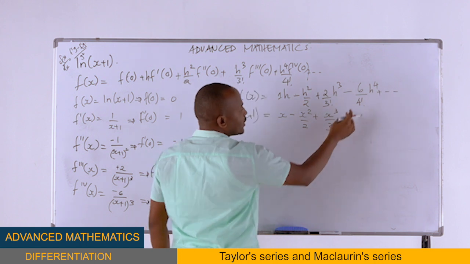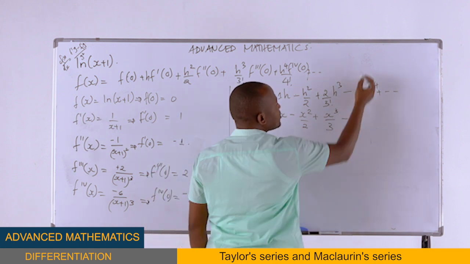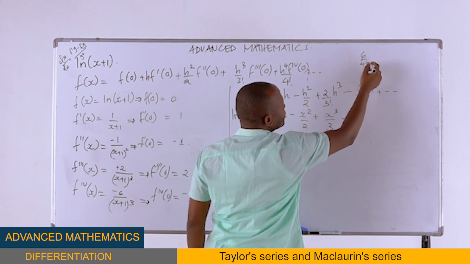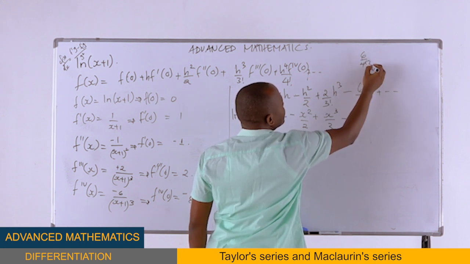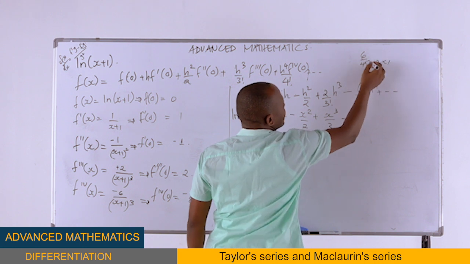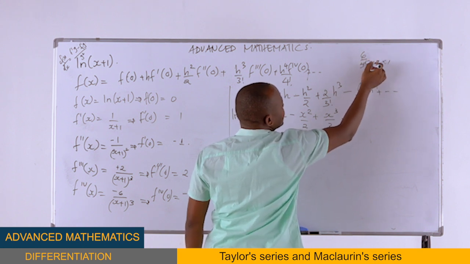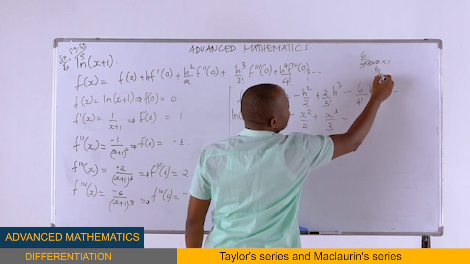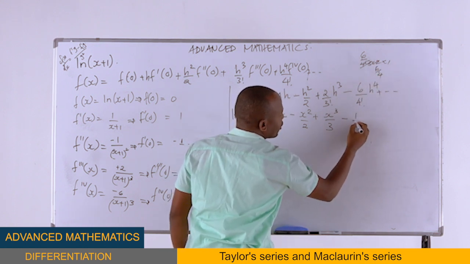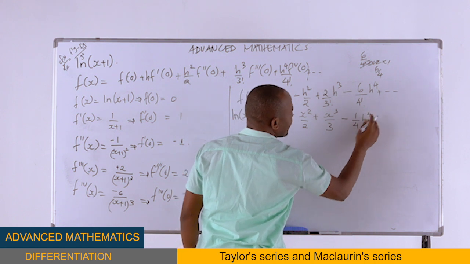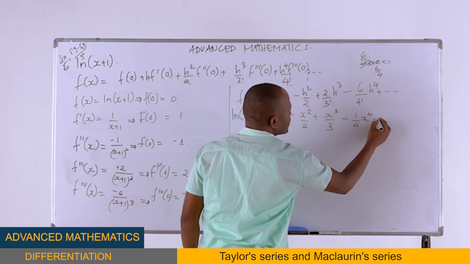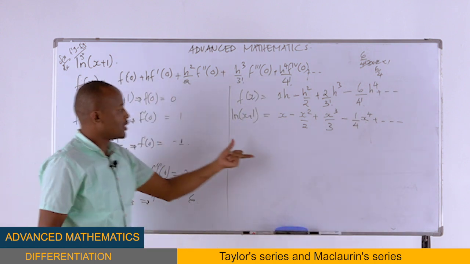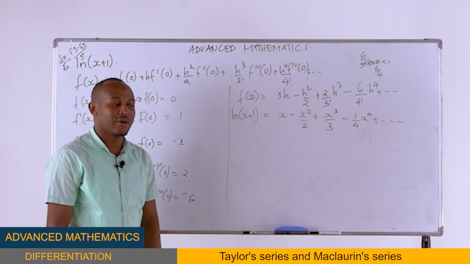Then minus, if we simplify that, it will be 6 over 4 factorial, that means 4 times 3 times 2 times 1, and it will be 1 over 4, that means 1 over 4 h raised to 4, but that is x and not h again. So this is the expansion of that function as given in our example.